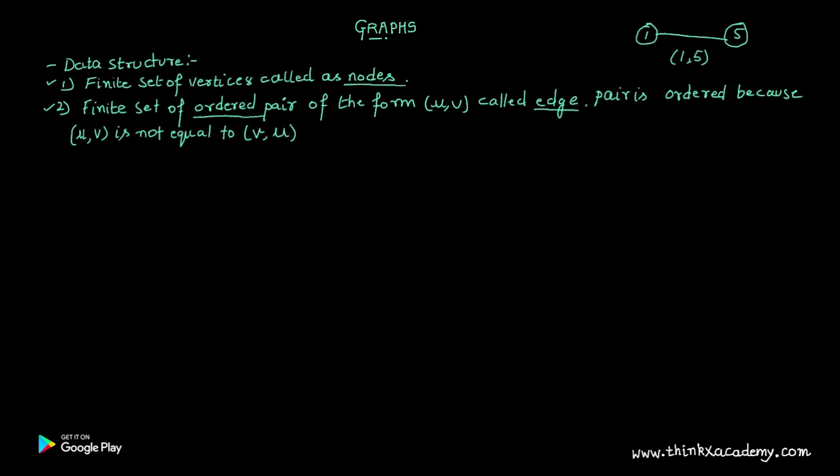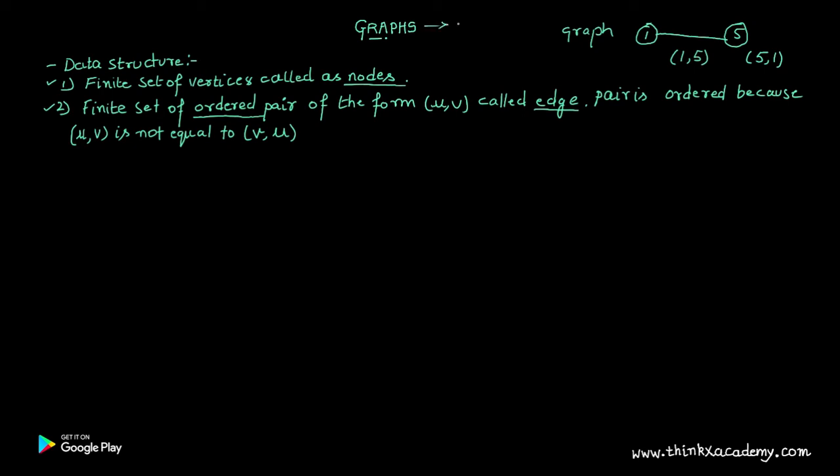In this case 1 comma 5 and 5 comma 1 are the two pairs that we can make from this graph. So let's suppose this is a graph with two nodes 1 and 5 and an edge connecting them.